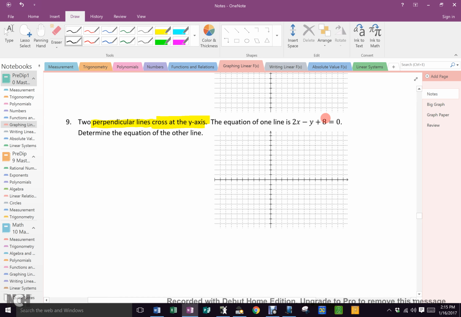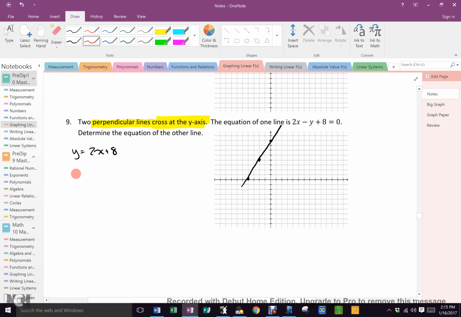I'm going to graph that right there. That's slope-intercept form. Obviously, I have y by itself, right?